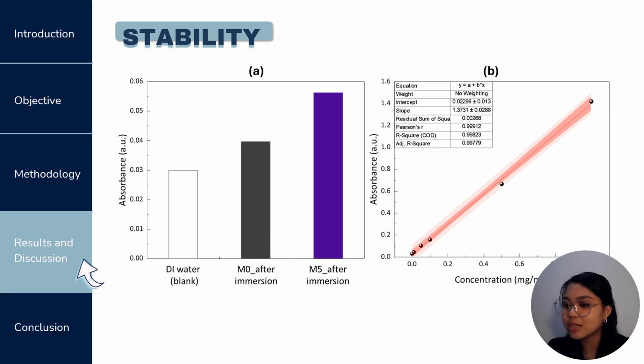Now finally onto the stability, we can see here that once we check the absorbance and plug it in this calibration curve, we'll be able to get the MnO2 concentration. And now with the M5 after immersion, we got an MnO2 concentration of 18 micrograms per liter, which means that the coating is very much stable, and this concentration might just be from the loosely adhered MnO2 and not the actual degradation of the coating.